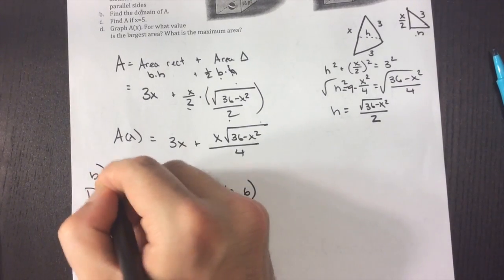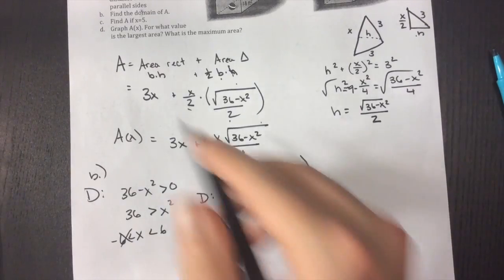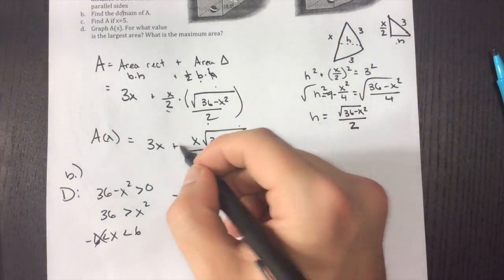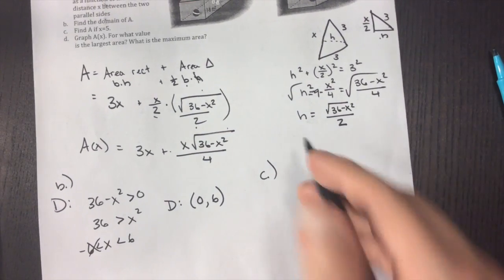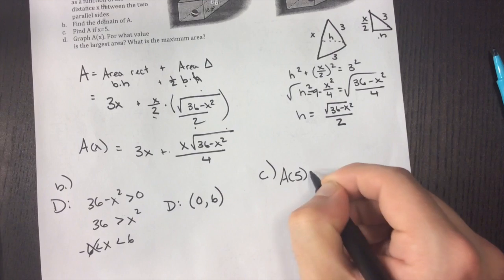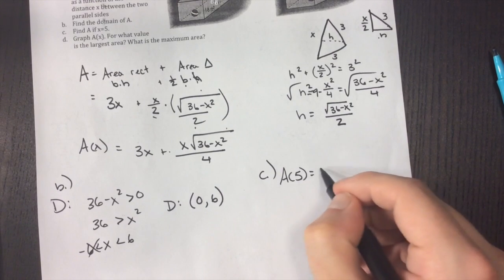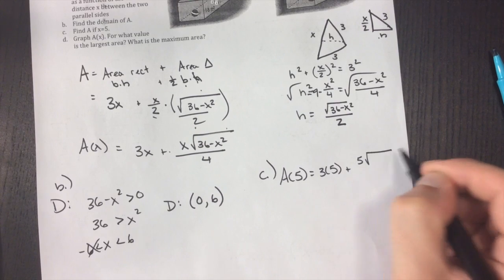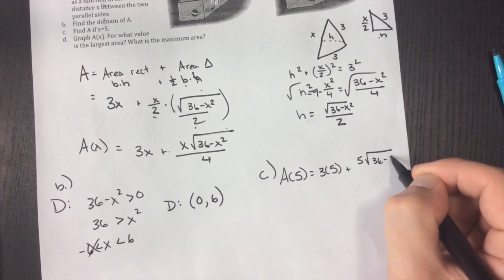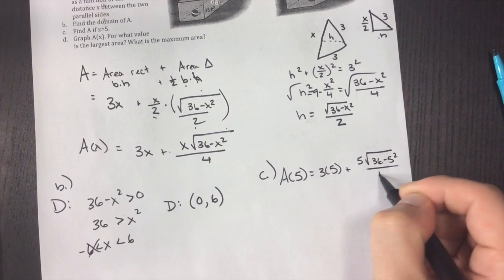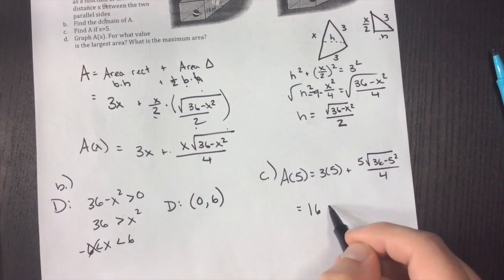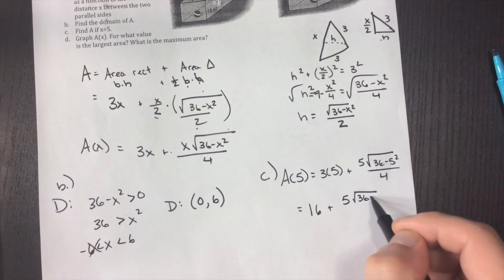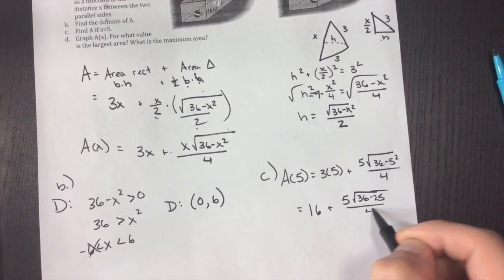And that's B. For C, it says find the area if x equals 5. So we're going to plug 5 into this and see what we get. A of 5 equals 3 times 5 plus 5 times the square root of 36 minus 5 squared all over 4. So that's 15 plus 5 square root of 36 minus 25 over 4, which is 11.